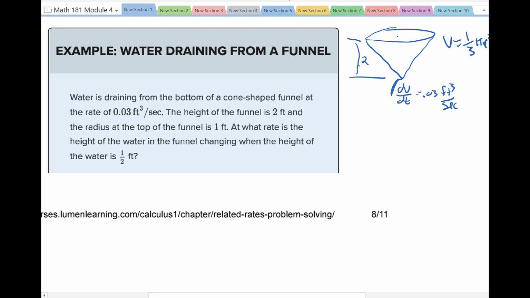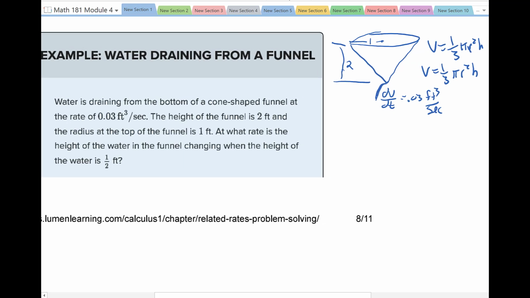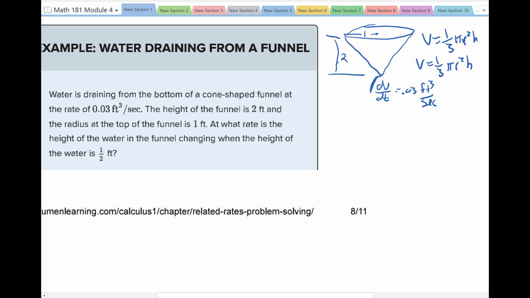And the radius is 1 foot. At what rate is the height of the water in the funnel changing when the height of the water is 1/2 foot? So what I want to do is, with this formula I have, that this volume equals 1/3 pi r squared h, I want to try to put that formula just in terms of h.